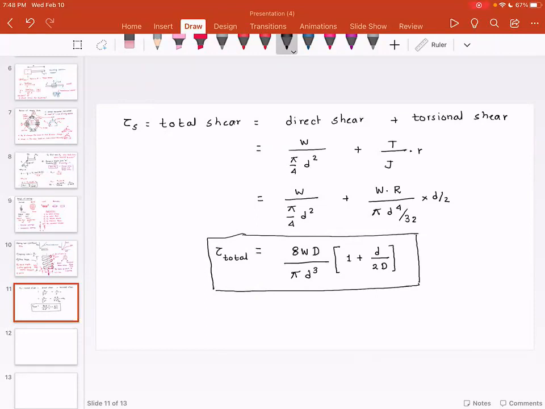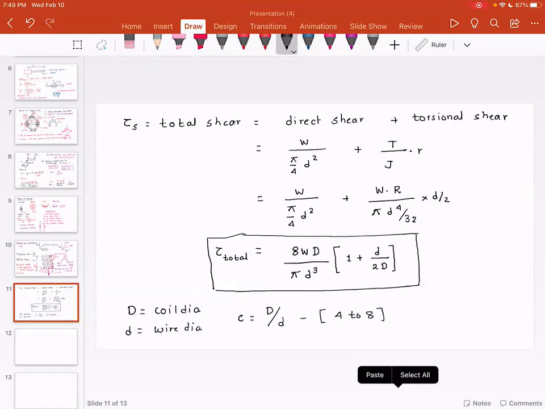Now capital D, which is the coil diameter, and small d, which is the wire diameter, have a ratio that is defined as C. C is capital D divided by small d, and this ratio is typically between 4 to 8.